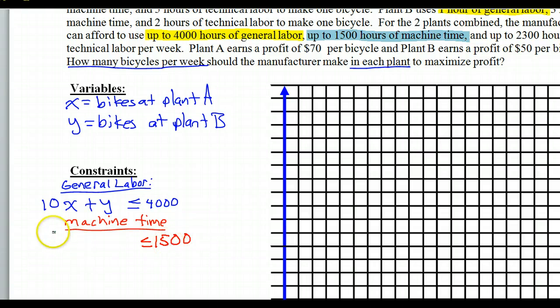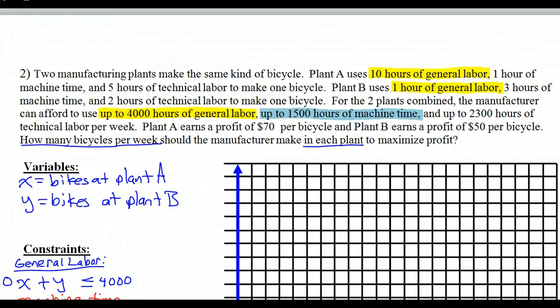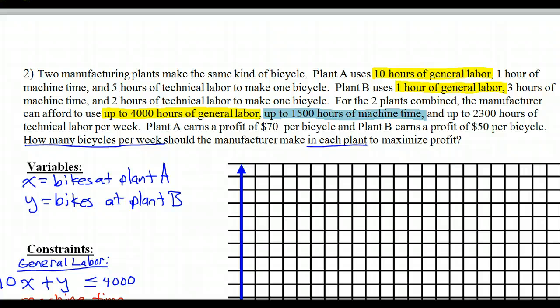So I'm going to scan the problem looking for how much machine time for plant A and how much machine time for plant B. Okay, it's all about machine time right now. So back to my blue highlighter. So plant A uses 1 hour of machine time. All right, skip, skip, skip.